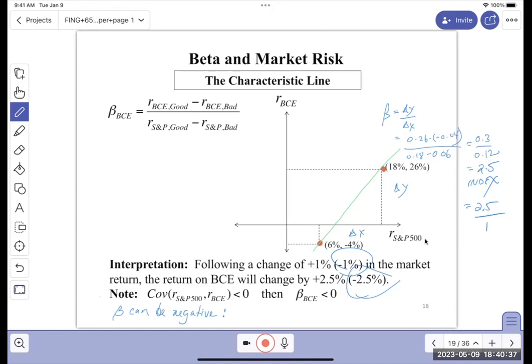So beta is the sensitivity of a firm's returns to market returns. So what kind of industry or firm is going to be negatively correlated with market returns? So when the market does well, this asset does poorly. What would it be?